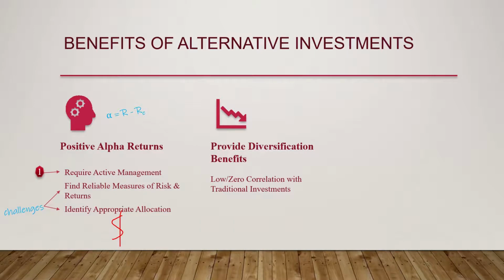They therefore provide diversification benefits to the portfolio. The main reason behind the low degree of correlation is that alpha of any asset is generally not correlated to its beta.